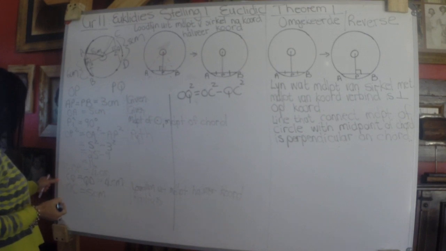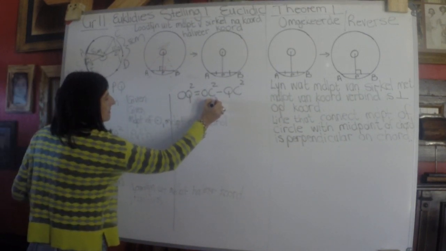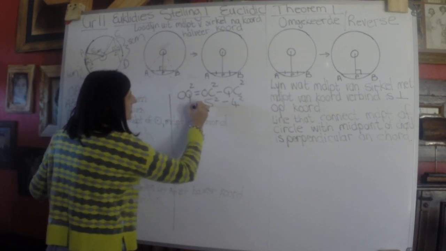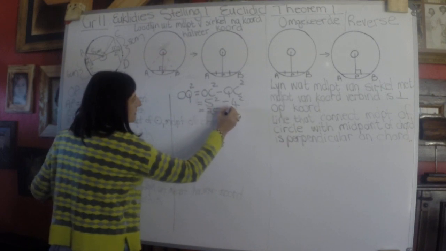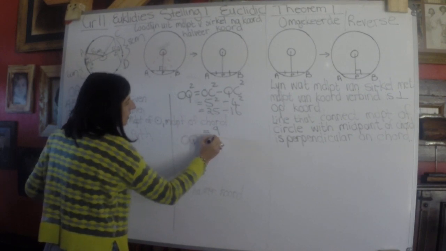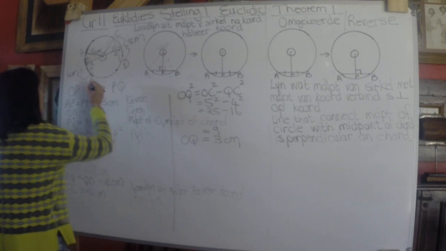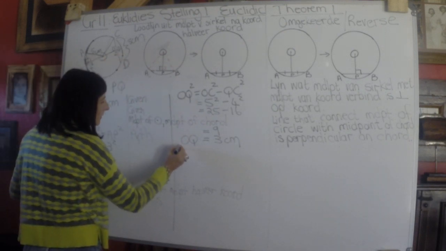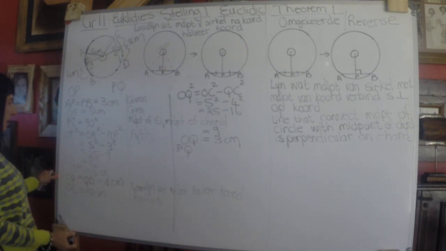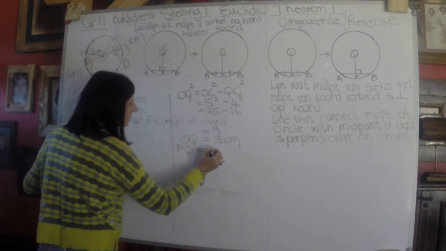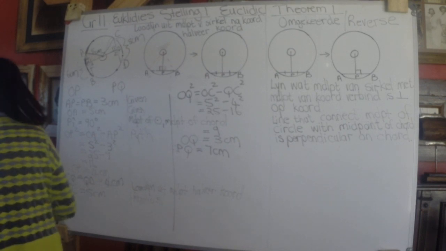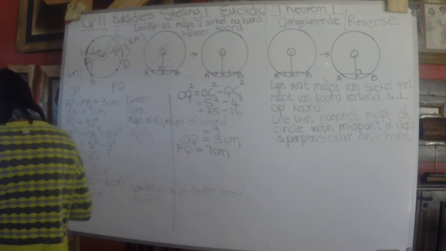So ons het vir OC, hy's 5 cm en ons het vir QC, hy's 4 cm. So now I've got 25 minus 16, that's going to give me 9, and therefore OQ equals 3 centimeters. So as ons nou vir PQ wil hê, dan gaan tel ons vir OQ en OP bymekaar, en dit gee vir my 7 centimeter. The next question is, explain why AB is parallel to CD.